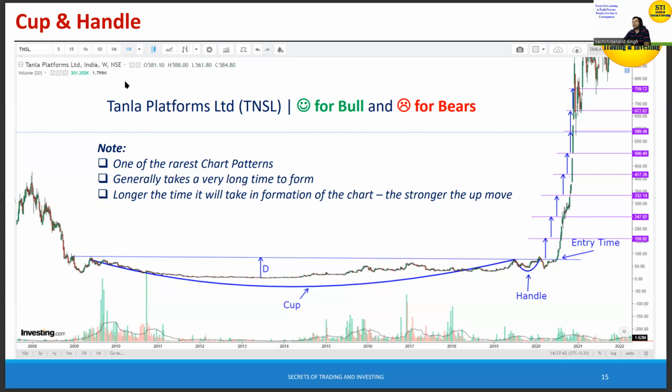And if you look at this example, I have selected this chart in a weekly time frame. And if you look at the duration, it is somewhere in 2010 and till here, this is 19, right? So between 2010 and 19, it's almost 10 years. And for those 10 years, it is making a very shallow cup.